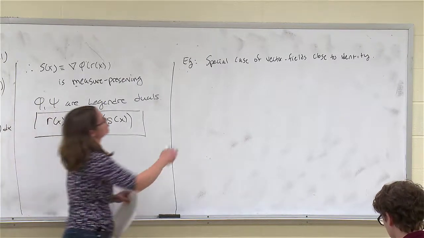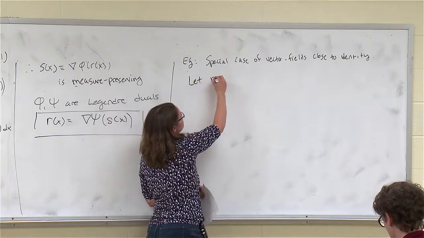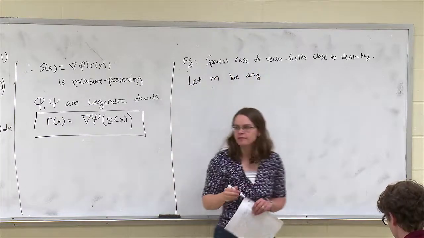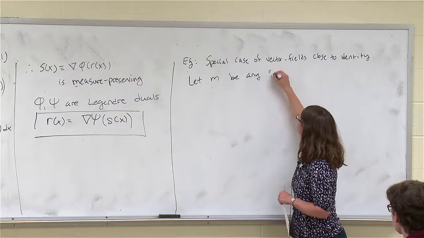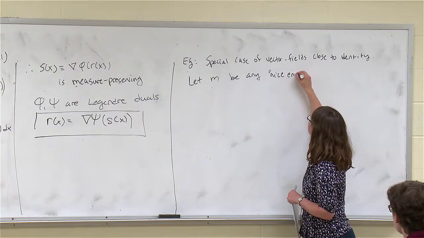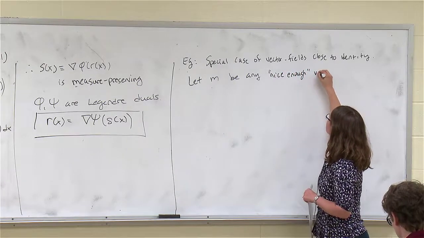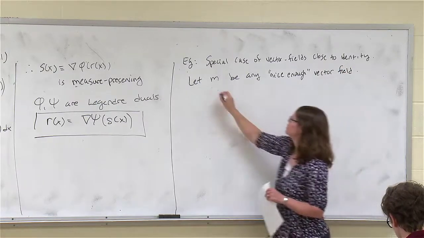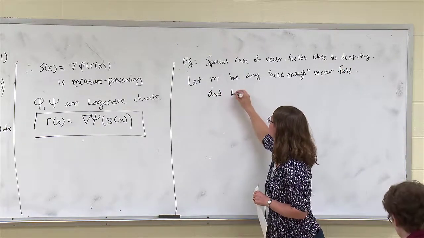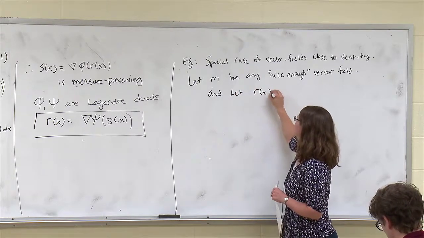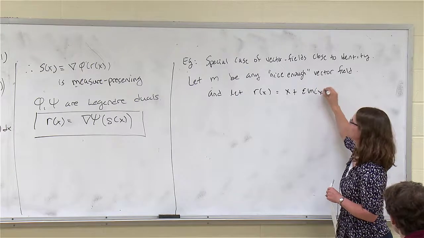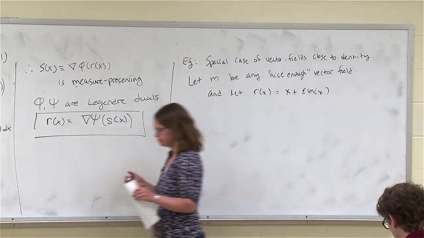Okay, so I'm going to suppose M is just some nice enough, whatever that means, vector field. Okay, and we're going to write the guy we care about is R of x equals x plus epsilon M. So close to the identity, but we've perturbed it a bit.